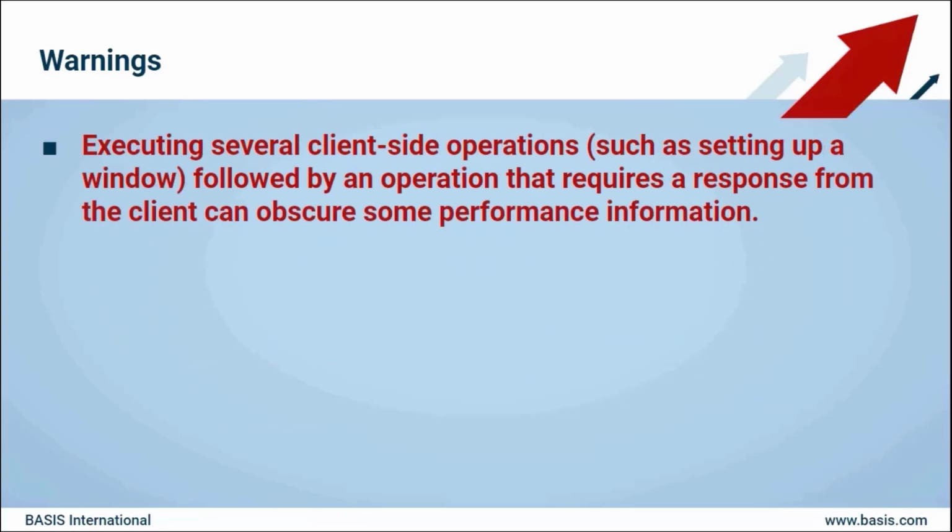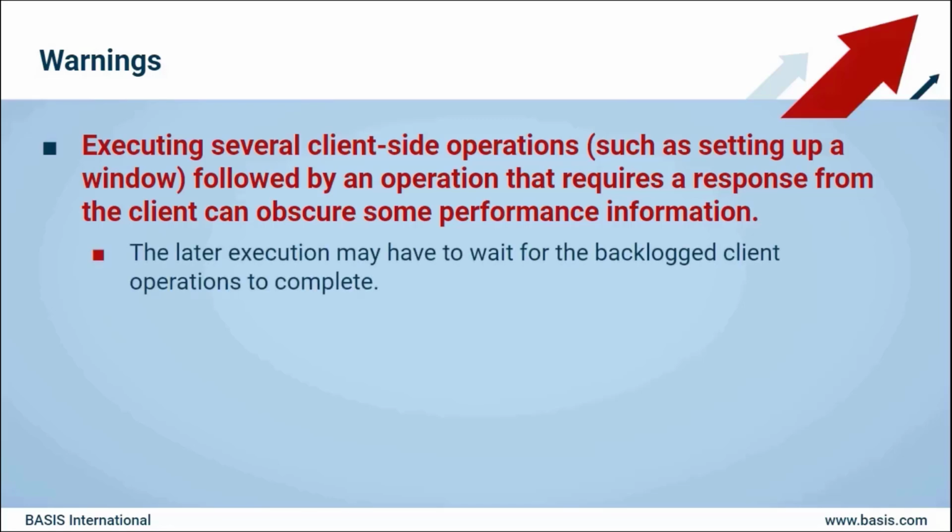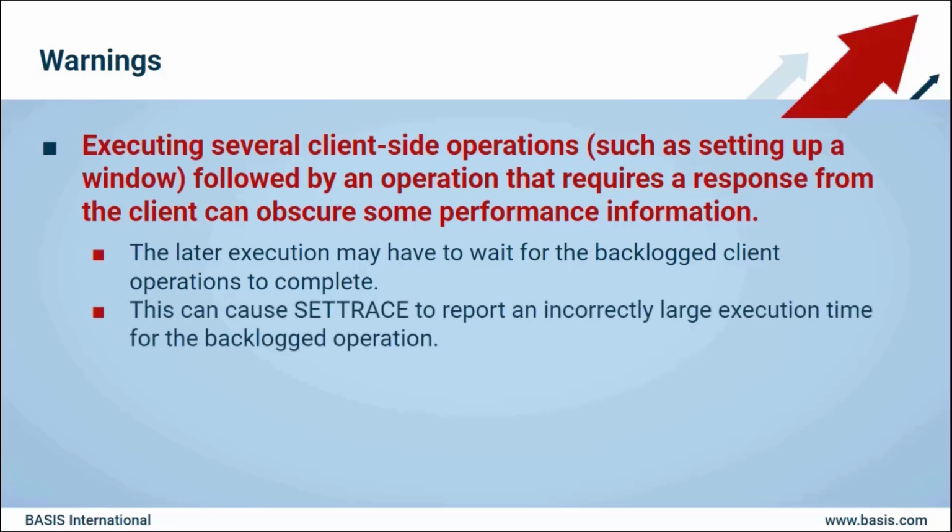Executing several client-side operations, such as setting up a window, followed by an operation that requires a response from the client, can obscure some performance information. In this case, that last call, requesting the information response from the client, may have to wait for all of those other operations to complete.